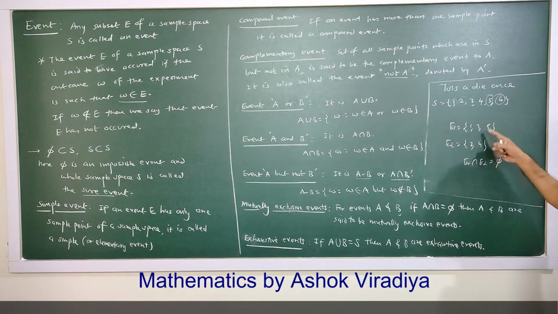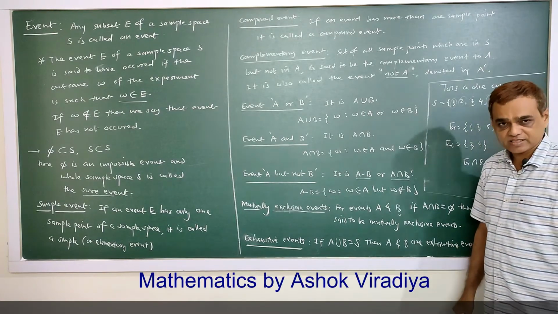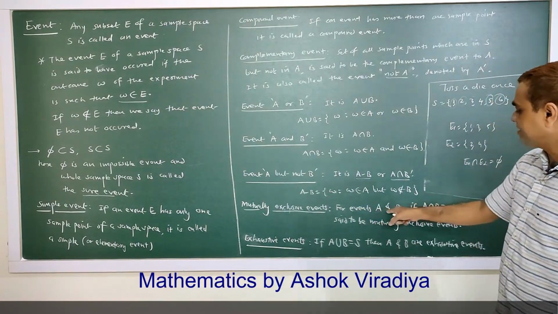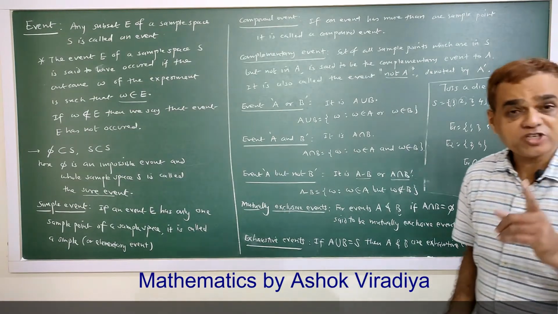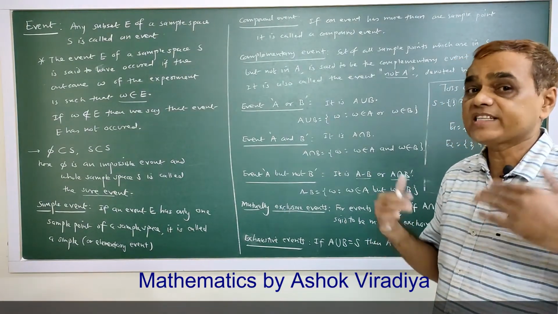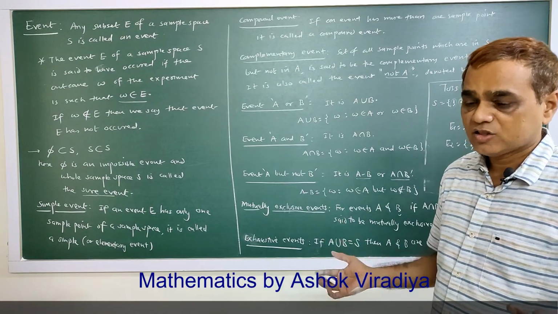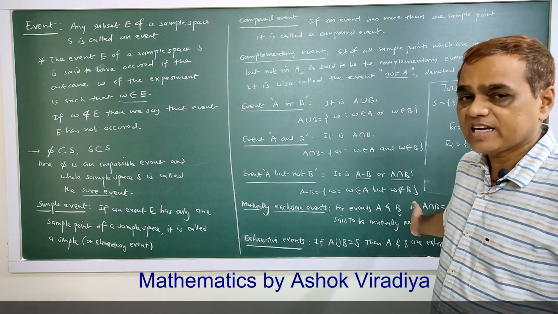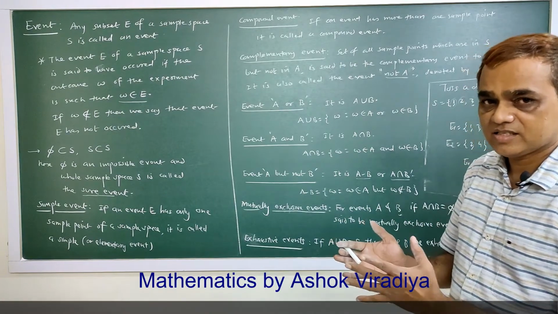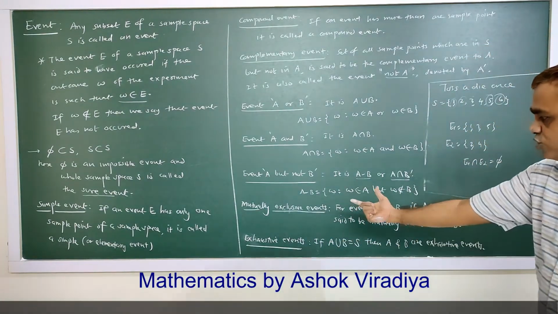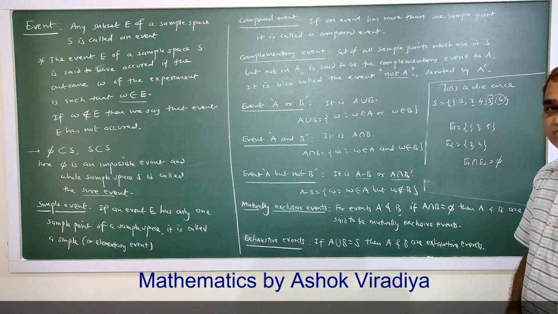So these are mutually exclusive events. For events A and B, if the intersection is empty, then they are said to be mutually exclusive events. In set operations, we had the word disjoint sets. So this is a substitute for disjoint sets: instead of disjoint sets, mutually exclusive events.